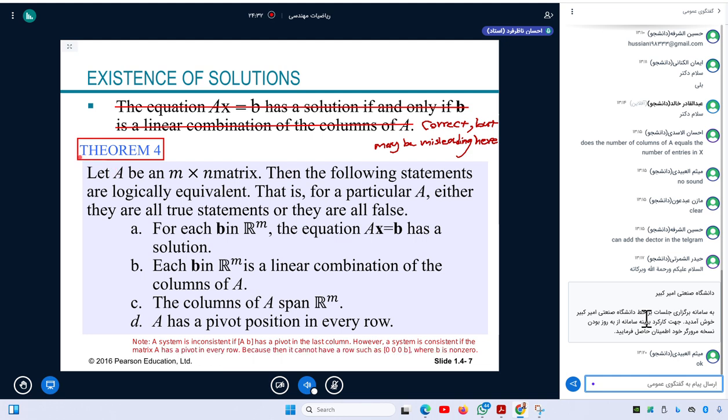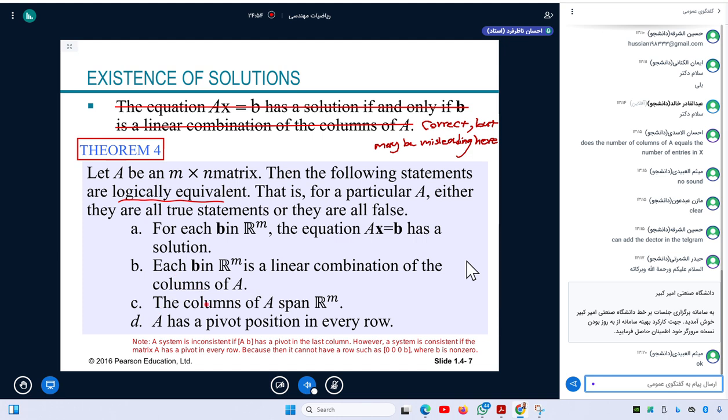Just forget it. Theorem 4. Let A be an n by n matrix. Then the following statements are logically equivalent. This means that, logically equivalent means if one of them is true, the rest are true, and vice versa.